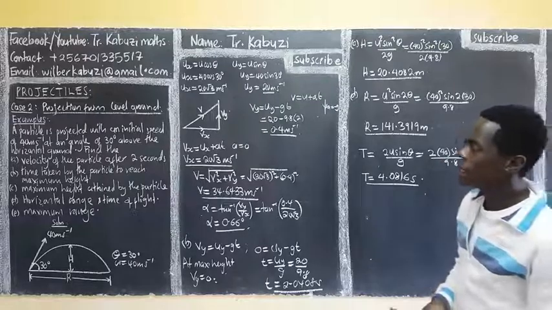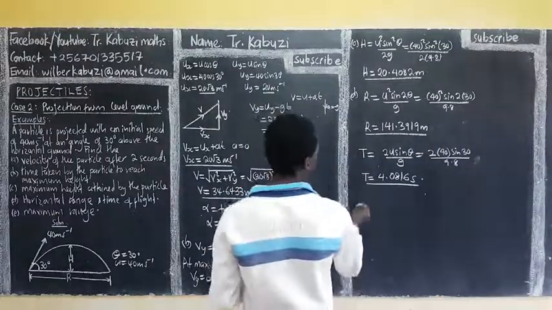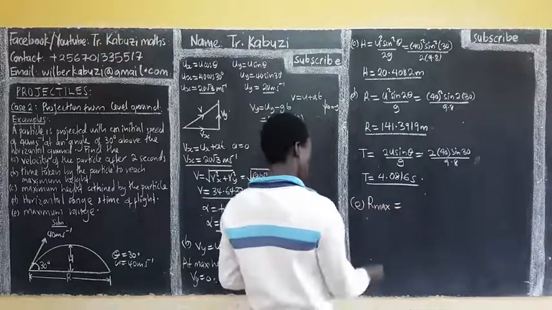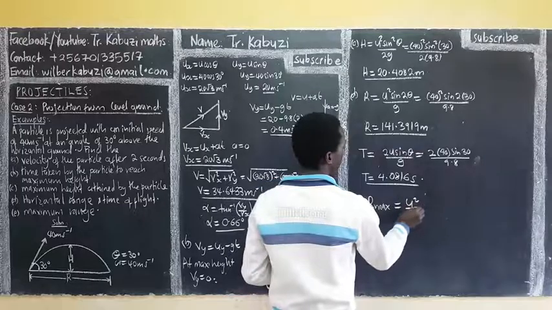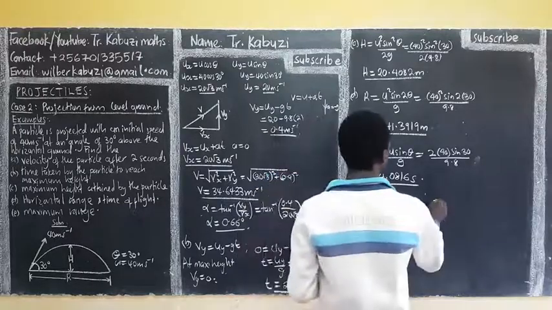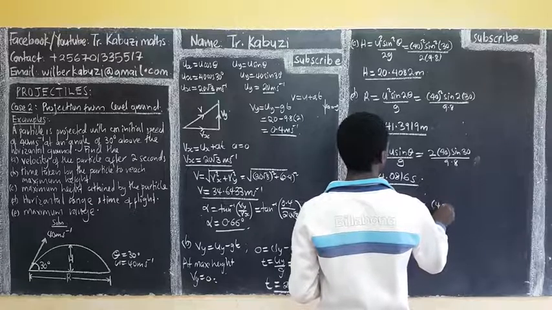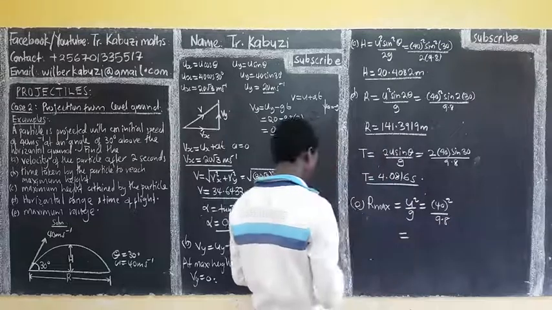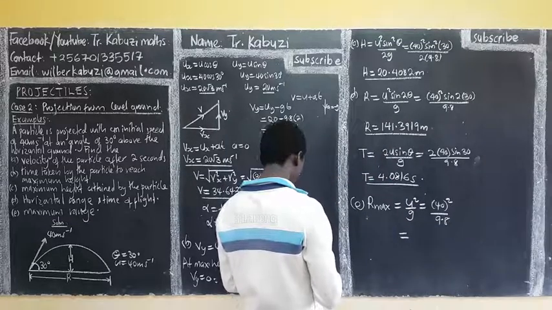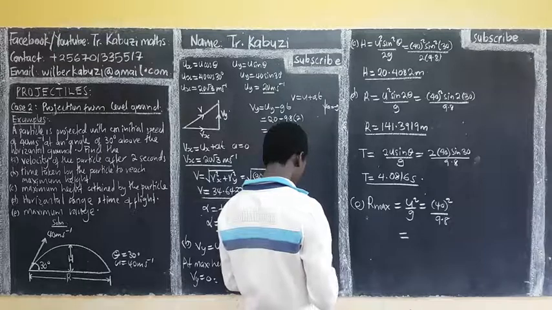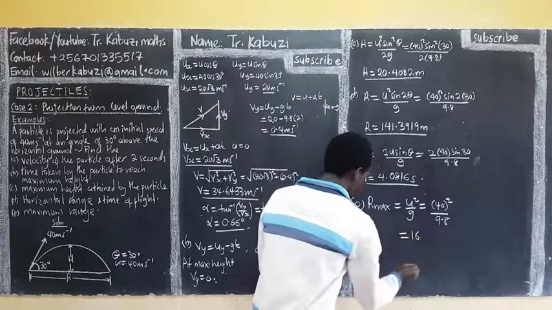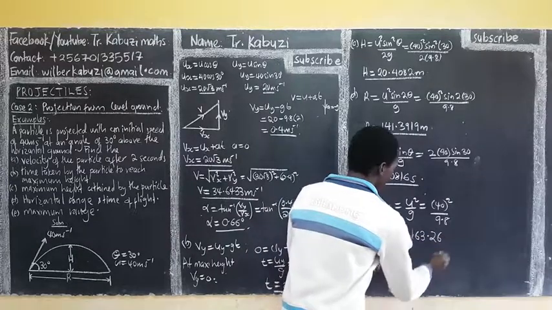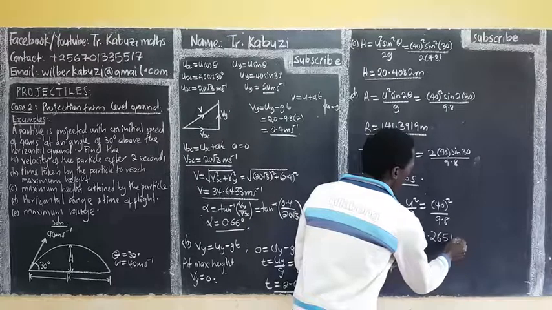Then the maximum range, part E. Our R max is going to be equal to u squared over g, which is 40 squared over 9.8, which is 163.2651 meters.